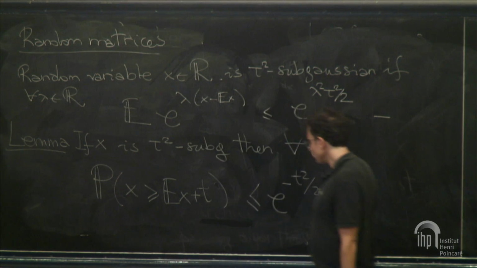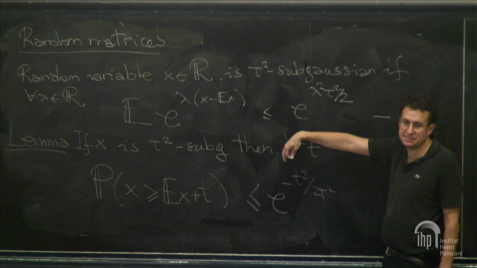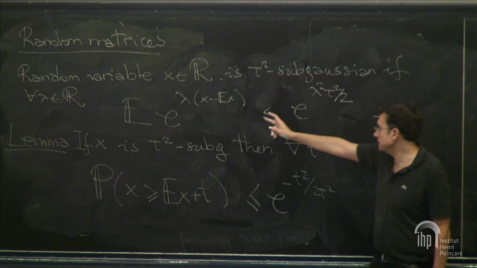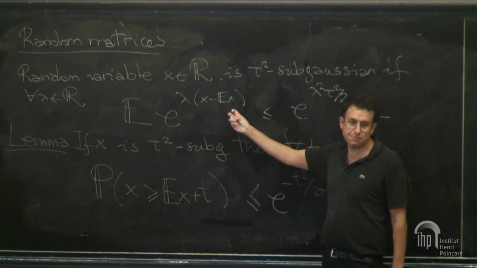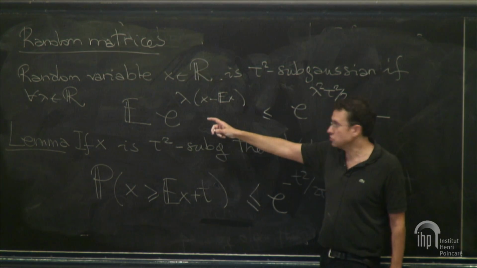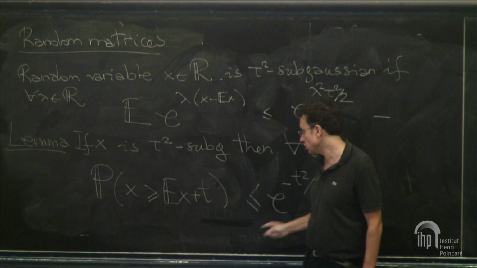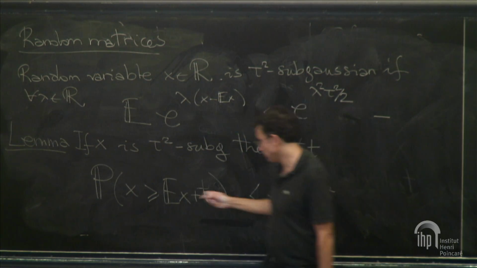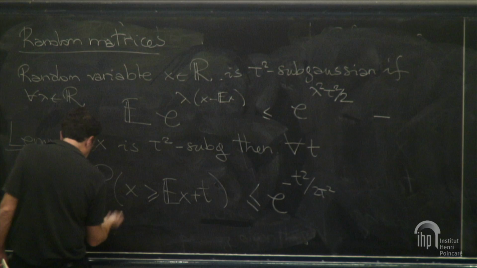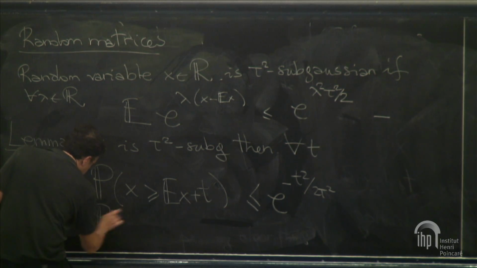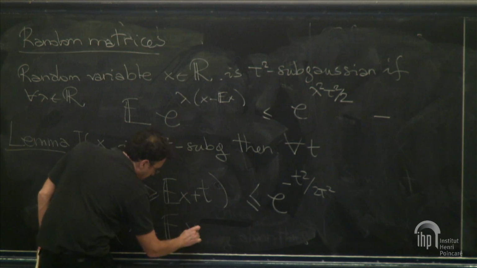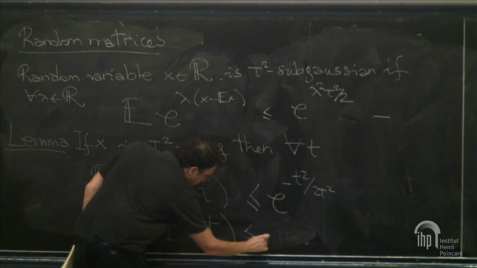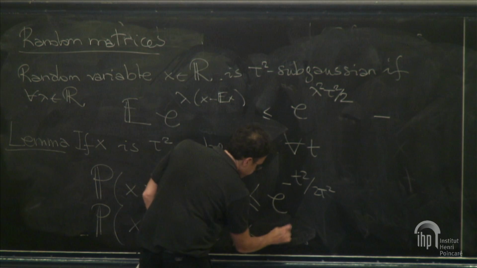So this is a statement about the upper tail, but of course this definition is invariant if you change x minus its expectation into its opposite. So if I put a minus sign here, it doesn't change. So you can get the same statement for the lower tail. Okay? So the same bound holds if you write this.